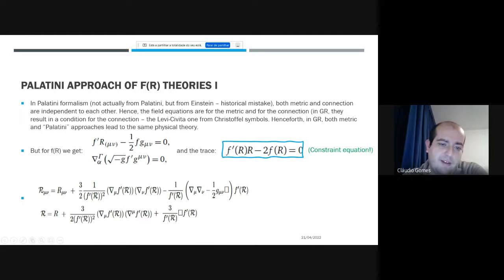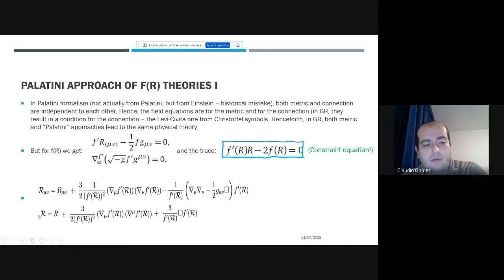But to express, let's say, here I have R, let's call it a calligraphic R, the curvature tensor that is expressed from a general connection. It's related to the Ricci tensor, which is expressed in terms of the metric field, by these extra terms over here.